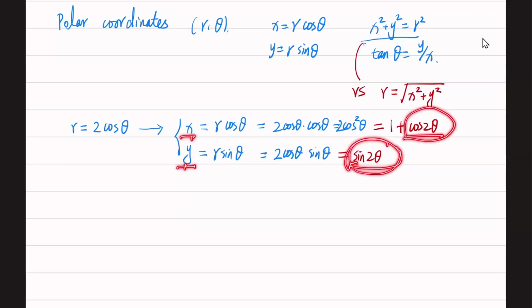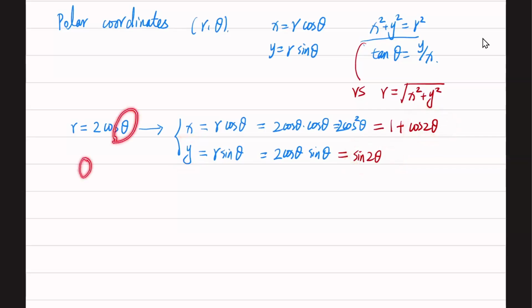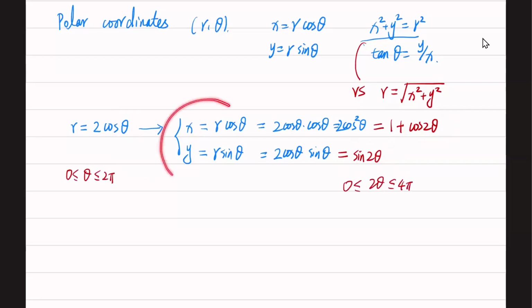If theta goes from 0 to 2 pi, then 2 theta will go from 0 to 4 pi. It is a circle, but we go around it twice.